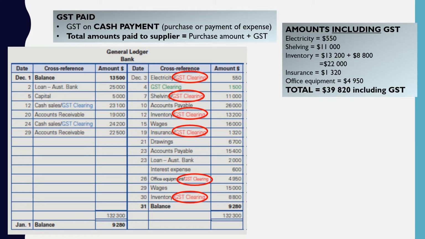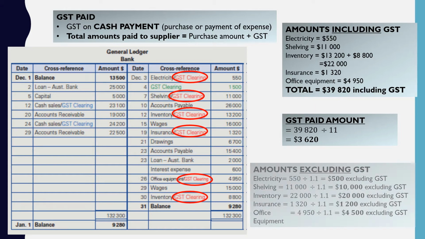$39,820. Now we calculate the GST paid amount by taking the $39,820 divided by 11, and this gives us a GST paid amount of $3,620. Lastly, we need to work out the amounts excluding GST because this is important for our reporting.